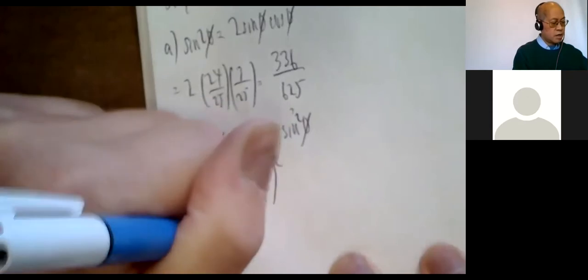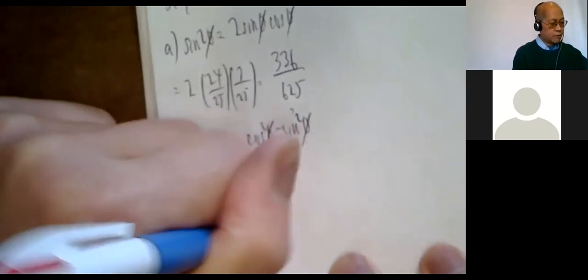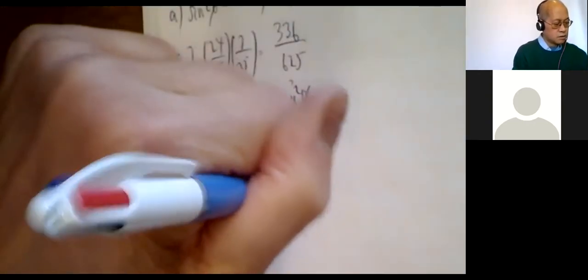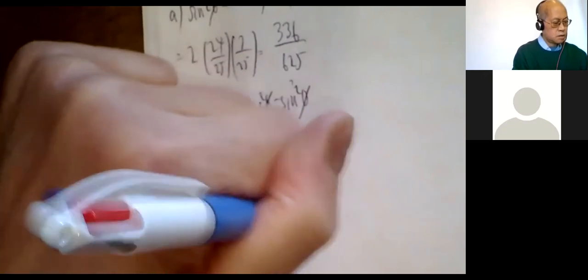So that's 49/625 minus 576/625. 49 minus 576 is negative 527/625.